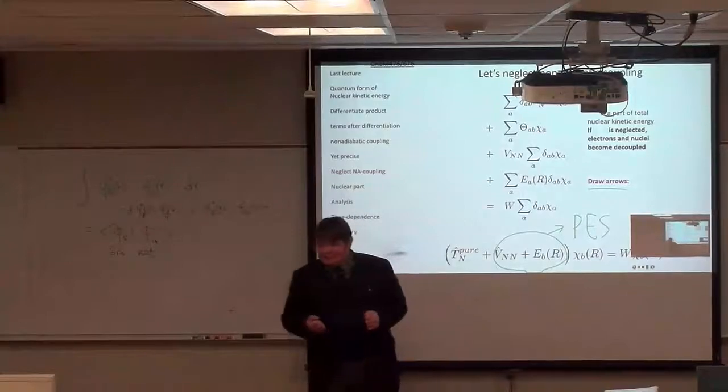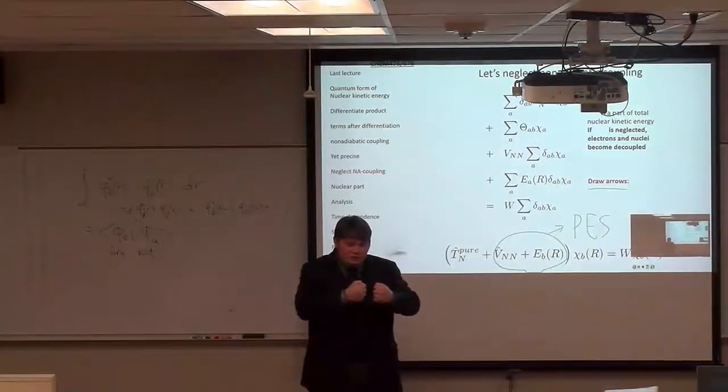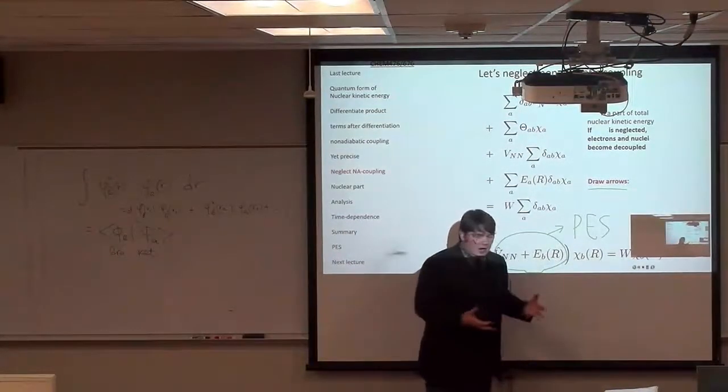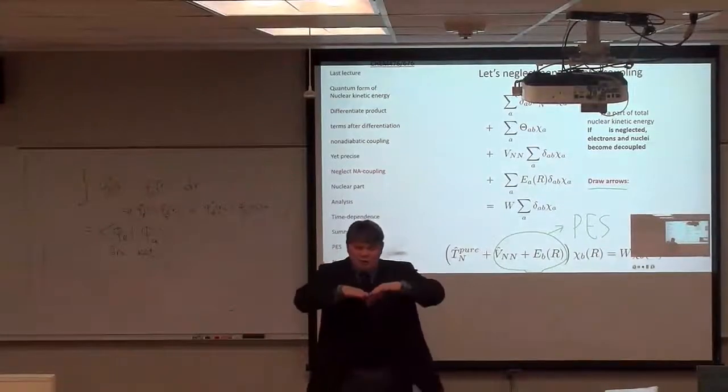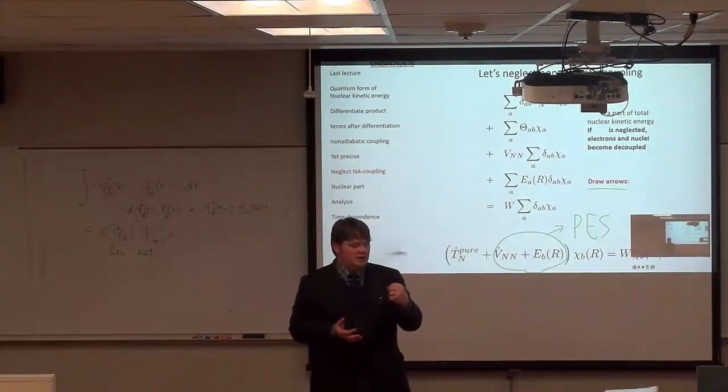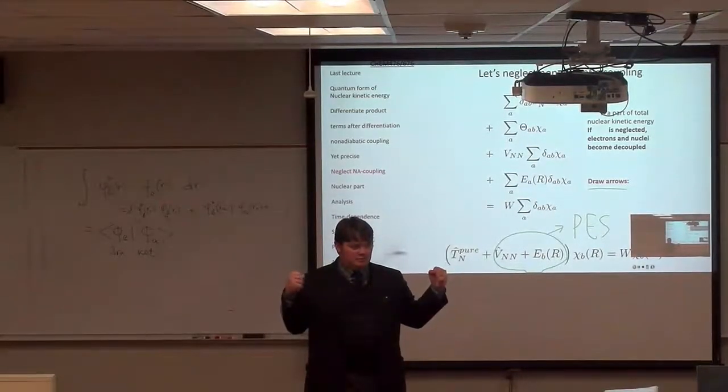So the potential energy surface is not only nuclear repulsion because of Coulombic repulsion, but it also includes a part that originates from all forms of electronic interactions, right? For example, if I have an ion and another ion, they repel like crazy.